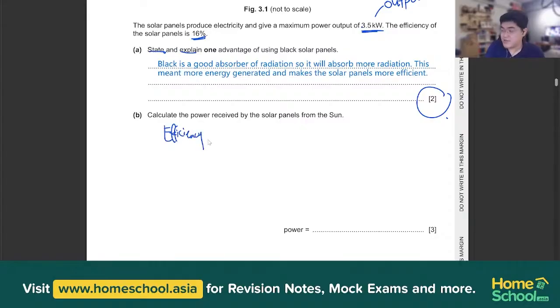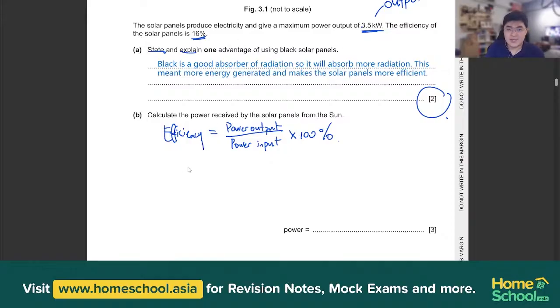Efficiency is equal to the power output divided by the power input and multiplied by 100%. Okay, right. So as you see here, efficiency here is 16%.